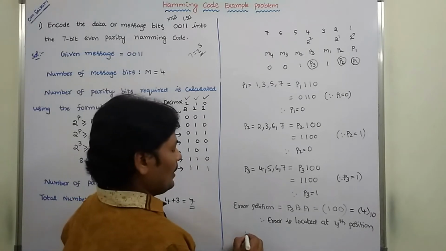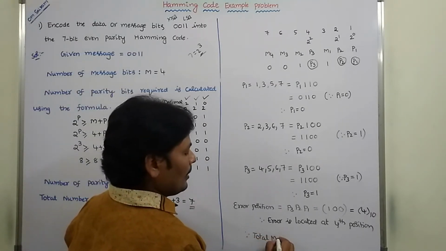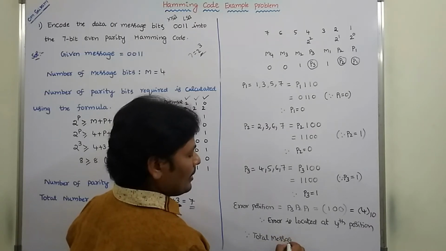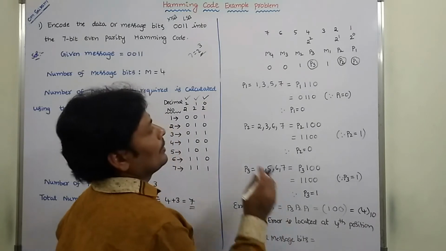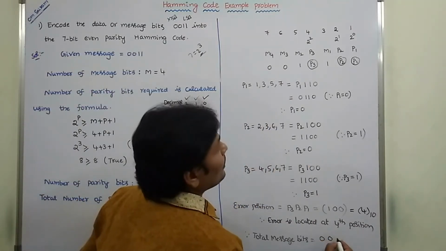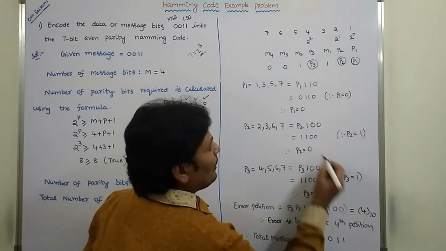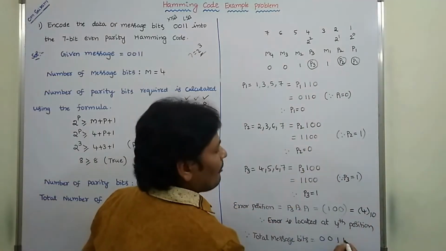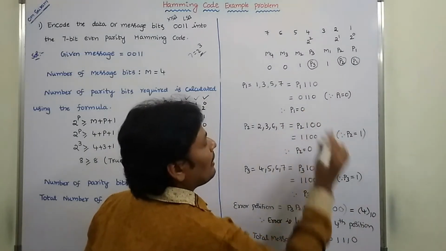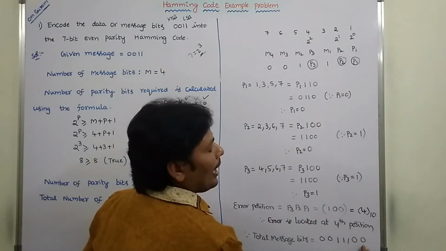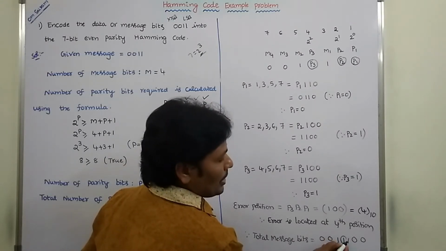So therefore, the total message bits are 0, 0, 1. P3 value is 1. M1 value is 1 and P2 value is 0 and P1 value is 0. The error is located at the fourth position, this position.